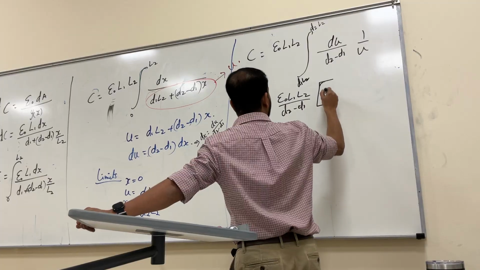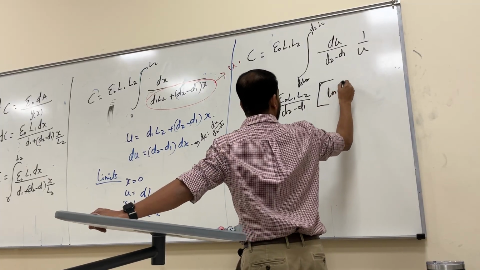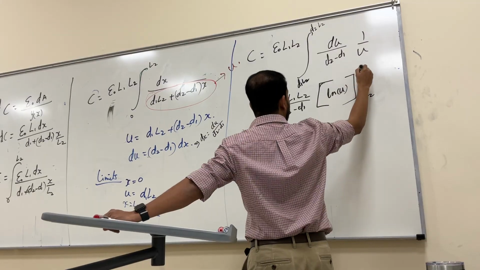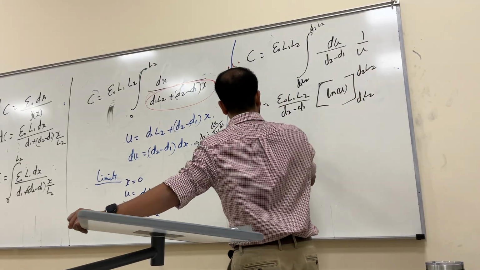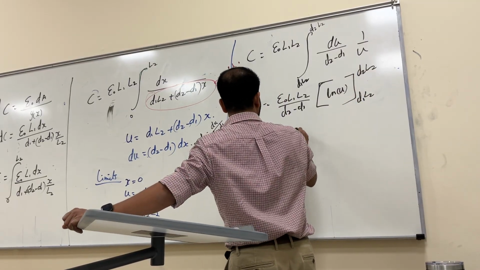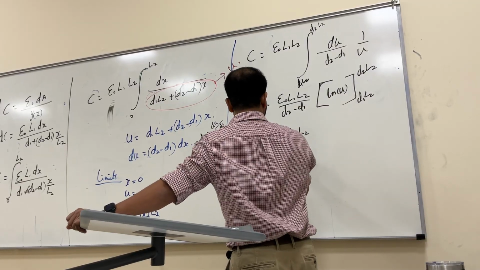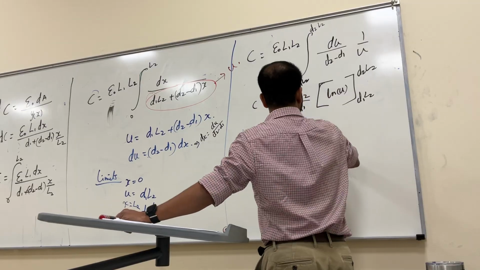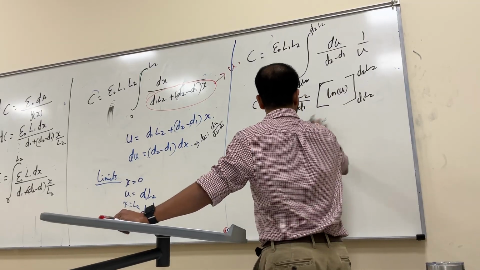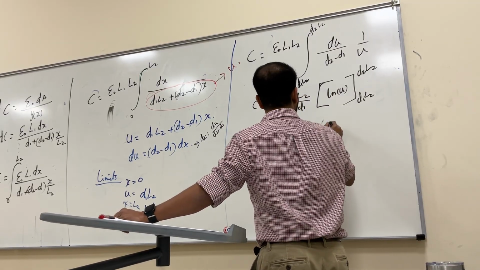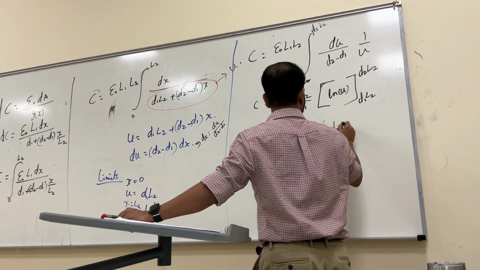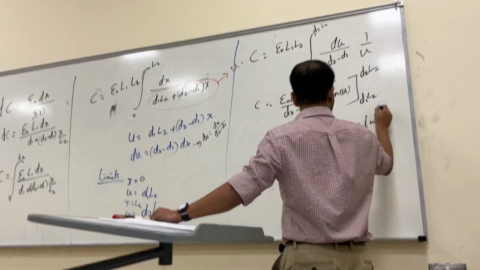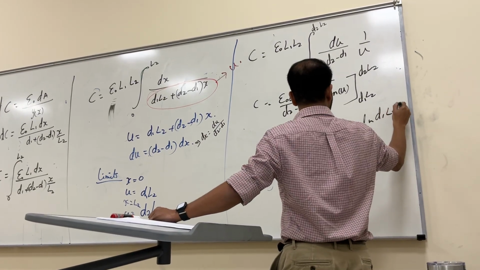You can just have ln of u with the limits d1 L2 to d2 L2, right? So this will be epsilon 0 L1 L2 over d2 minus d1. And what is this one? ln of d2 L2, right? Minus ln of d1 L2. I'm writing all the steps.